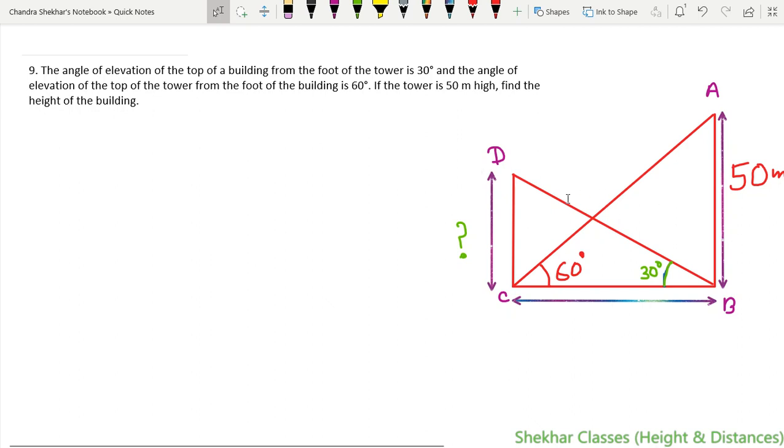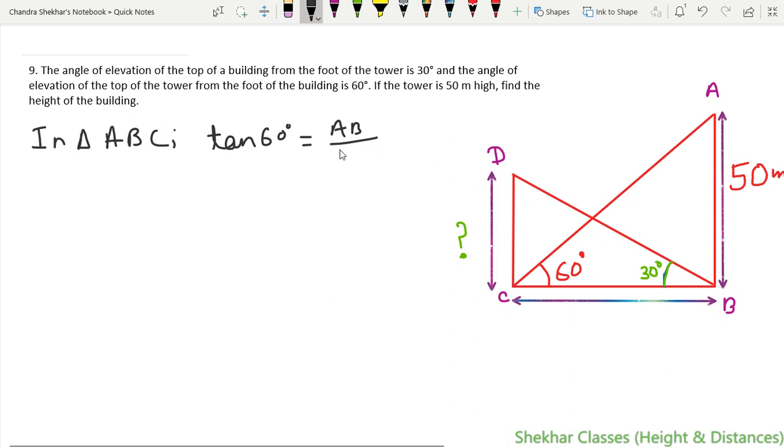So let's take the triangle ABC. In triangle ABC, we know that angle C is 60 degrees. So we write tan 60 degrees is equal to AB upon BC.